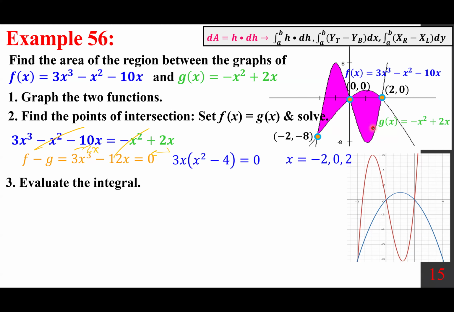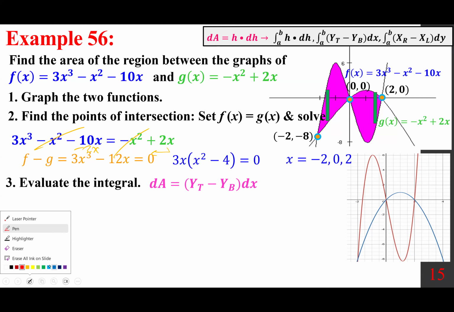To evaluate the integral, we are going to go with dx, y of the top minus y of the bottom. So y of the top for the first piece comes from the cube function, and the bottom comes from the parabola. For the second piece, it is the other way around.